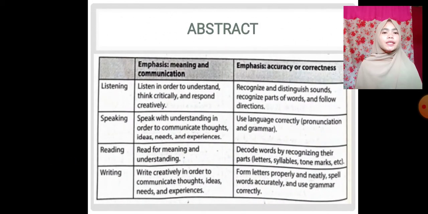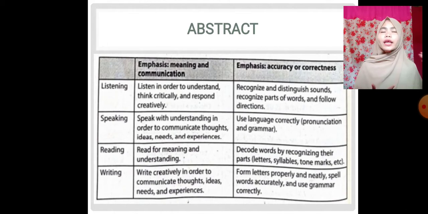Emphasis on meaning and communication, look at the table. Emphasis on accuracy or correctness, the other side of the table. And the four skills are listening, speaking, reading, and writing. In listening, the first one is we must listen in order to understand, think critically, and respond creatively.